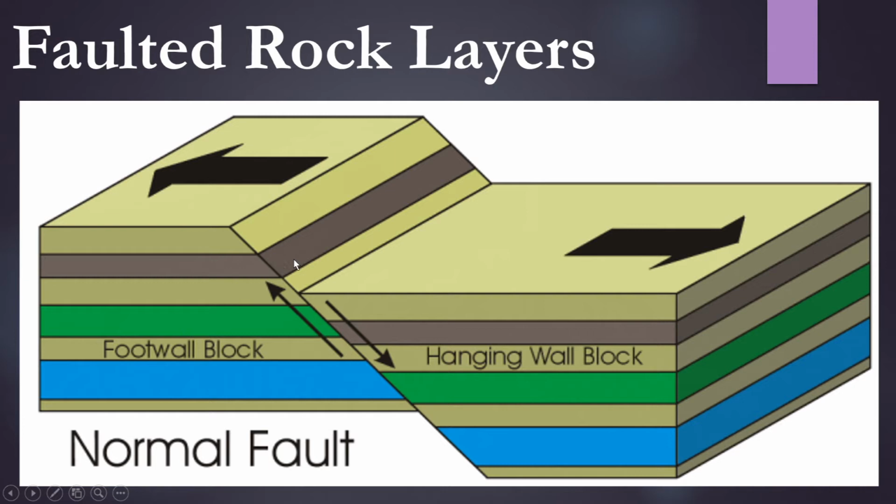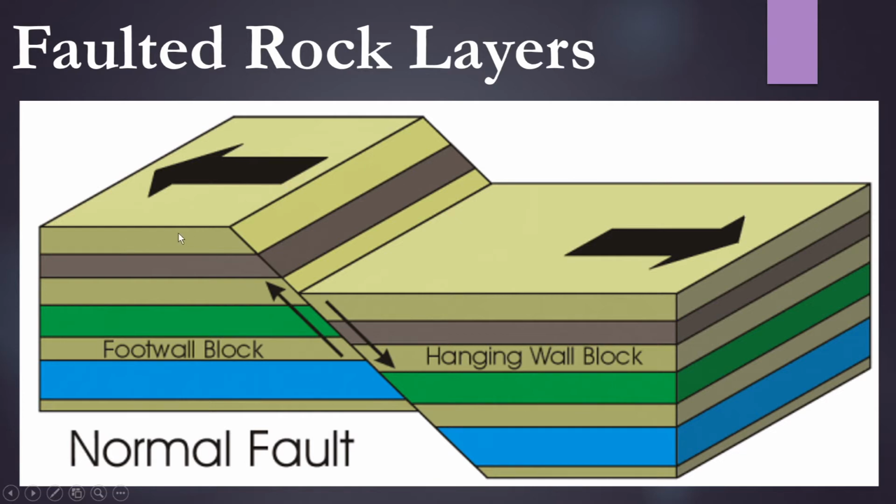All right, faulted rock layers. I just want to show you an example of how the law of superposition would not work here. Because again, the law of superposition only works with undisturbed rock layers, and these have been disturbed. So for instance, if you were out here doing some geology and you wanted to relative age date this area, you might say, okay, these rocks are on top, and the rocks I'm standing on are below it.